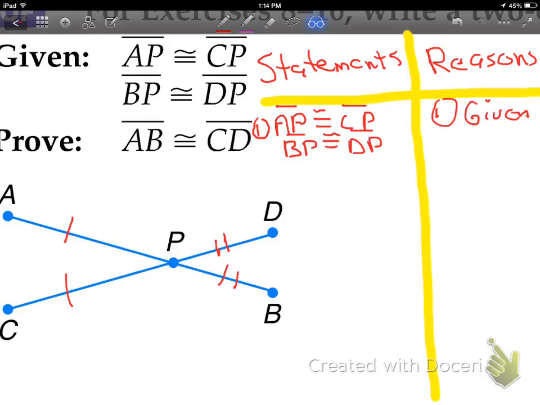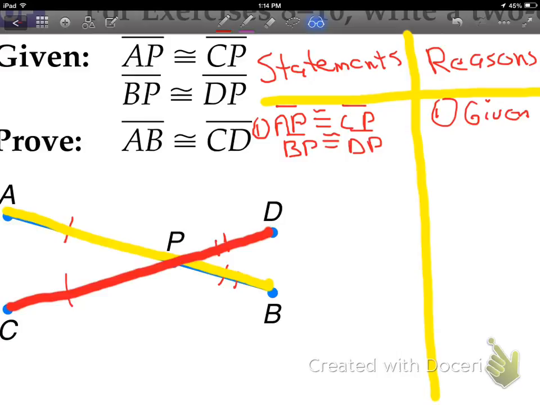Well, all we're trying to show is these longer segments, namely AB and CD are equal. Well, they're made up of parts that are equal, so they have to be. And that's what we're going to try to do.